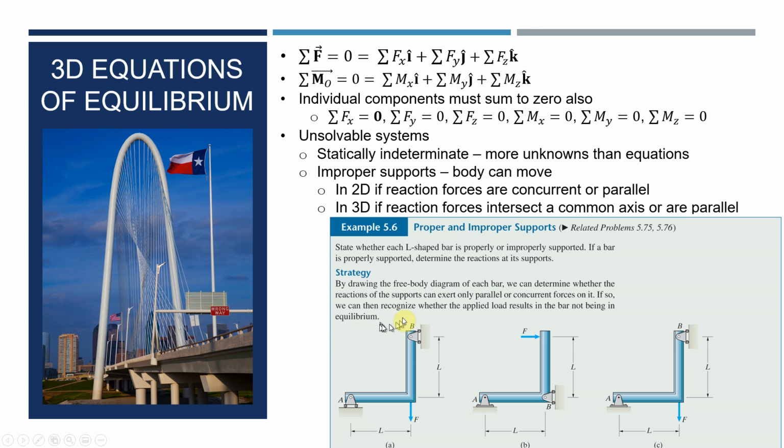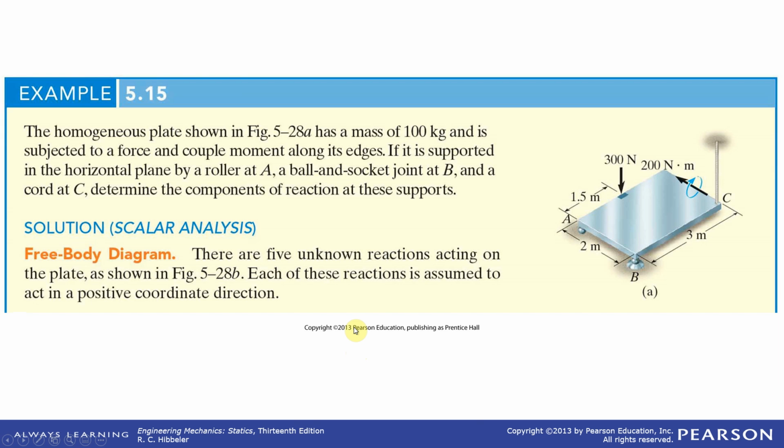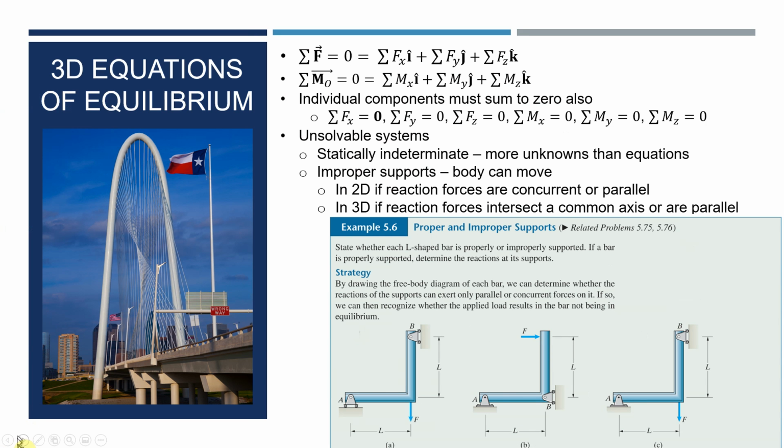Now we want to ask, so here's 3 situations. Good to illustrate improper supports and to ask, what are these all about? So we're going to have a force in this direction, a force in this, and a force in this direction.